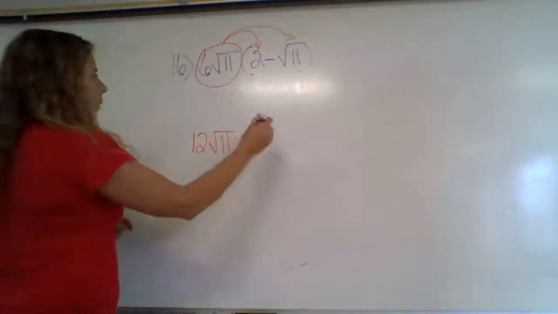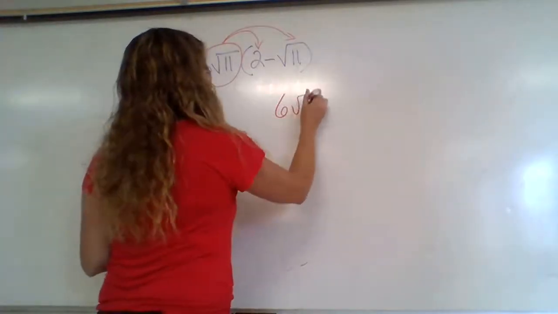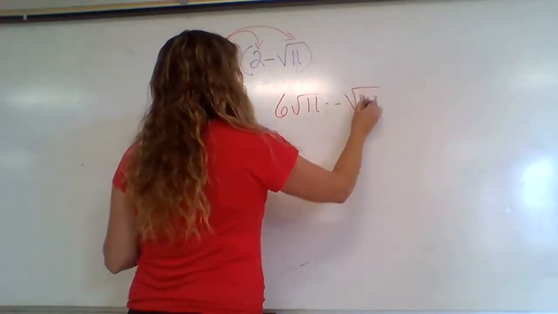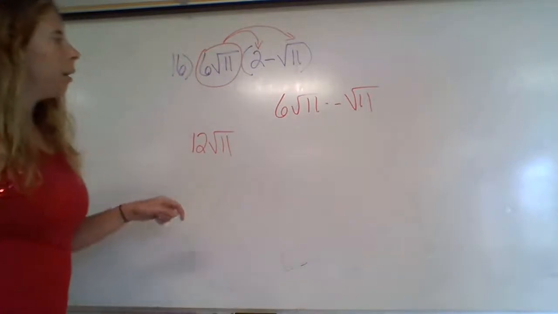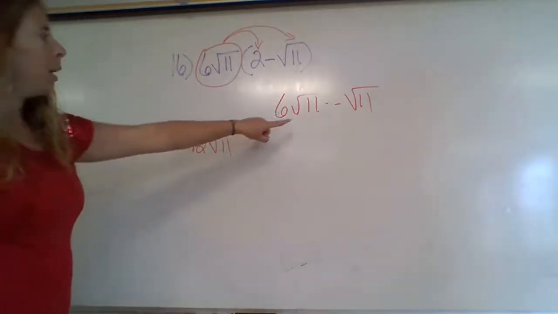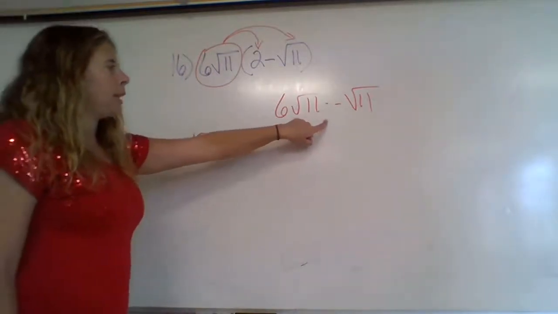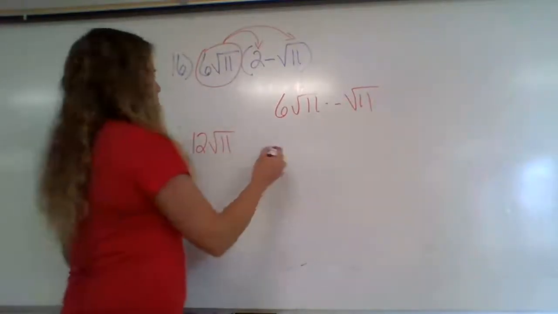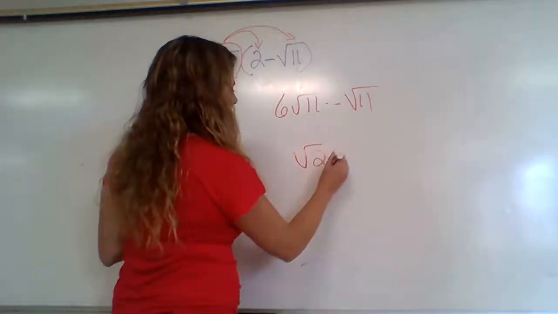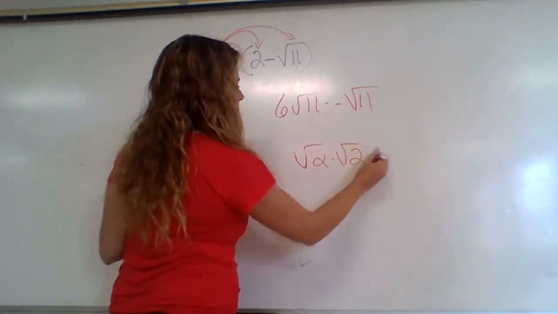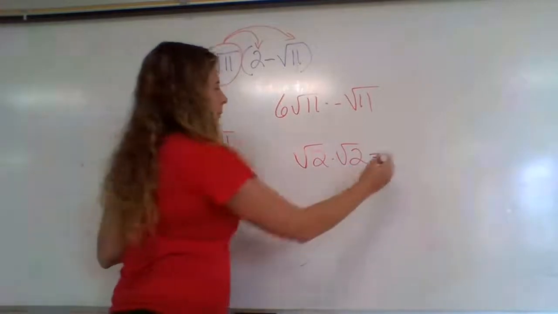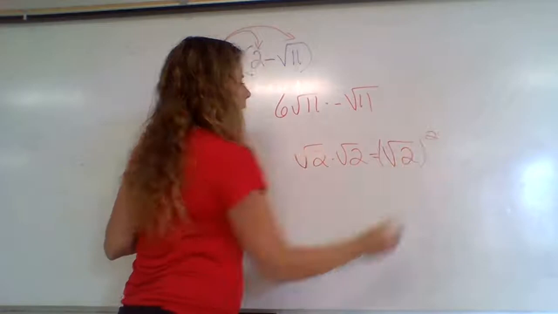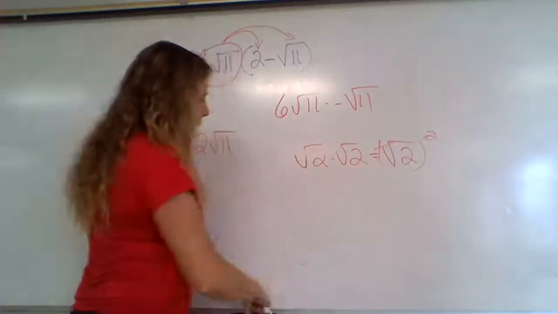Then you have 6 square root 11 times negative square root 11. The square root of 11 times the square root of 11. You have to remember radical rules. If you have the square root of 2 times the square root of 2, that's technically the square root of 2 squared, which is just 2.